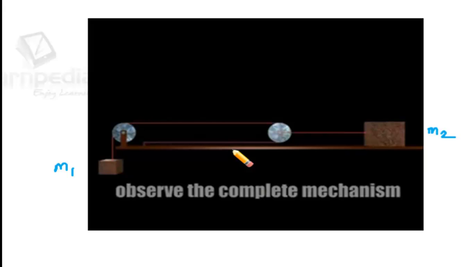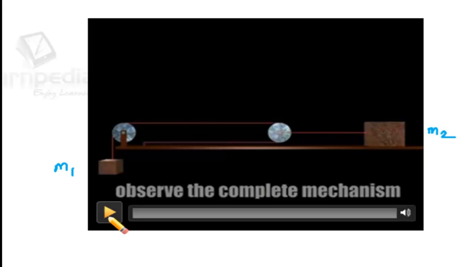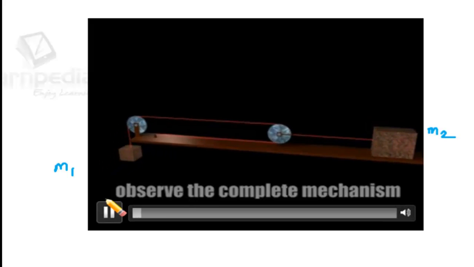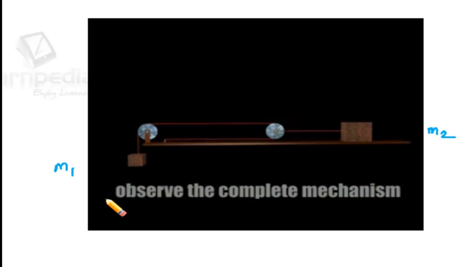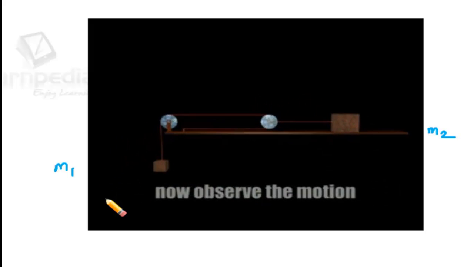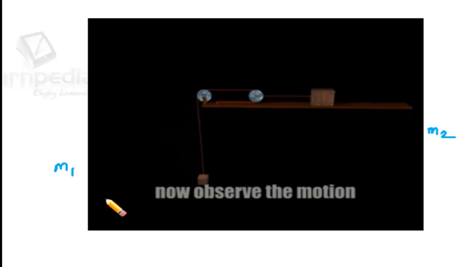So first let us analyze it. See how the two bodies are going to move. First let us see in every direction how this picture looks. Observe the complete mechanism. This body has moved down.